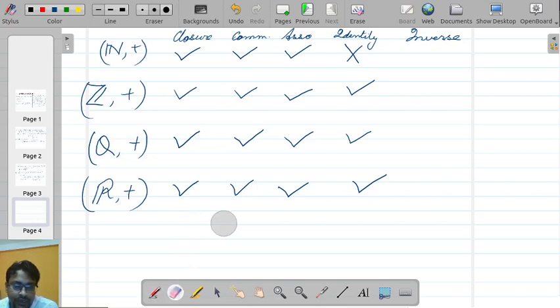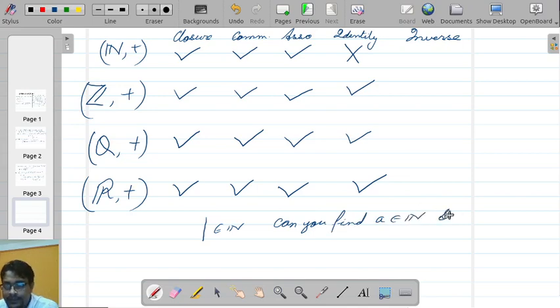Can you find A belonging to natural numbers such that 1 plus A is equal to 0? We cannot find that, because that would require A to be -1, but -1 is not a natural number.